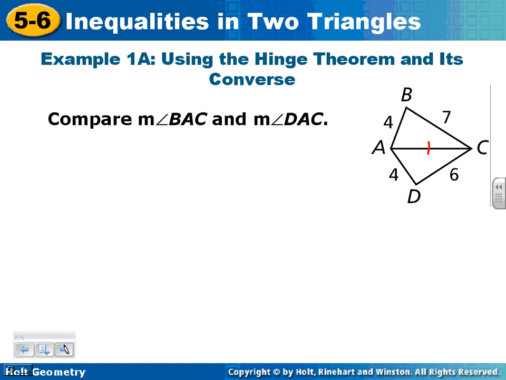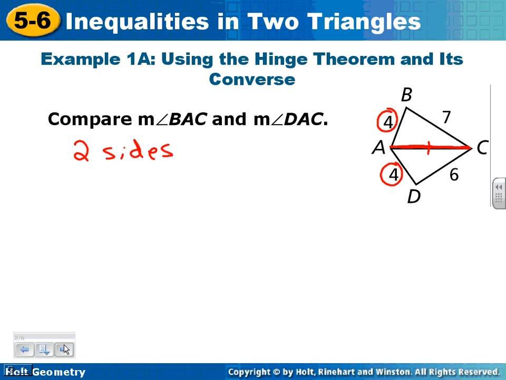So you see on the top triangle I have a side of 4 and a side of 4, so I have one side equal, and I have this shared side equal. Color it red there. So that gives me my two sides. If I don't have those two sides congruent, then I can't continue with the problem.